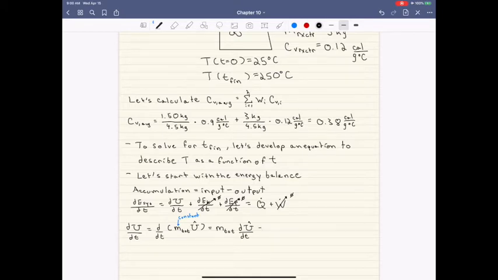And seeing as the constant volume heat capacities we were given are constants as well, we could rewrite our specific internal energy in this form.